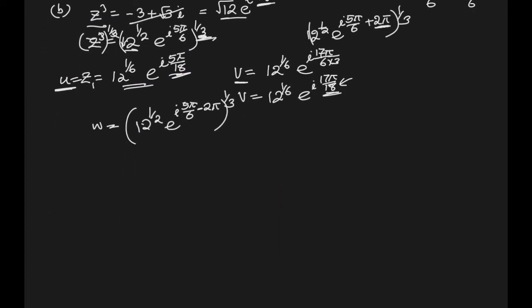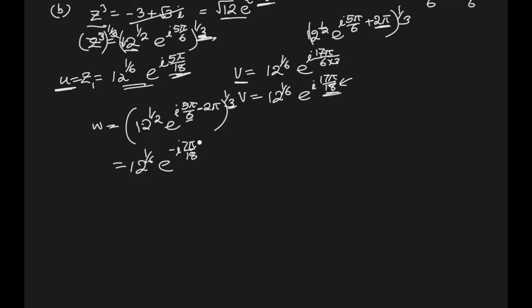So let me do it here. 12 to the power 1/6, and then e to the power, 6 times 2 is 12, and 5 minus 12 is minus 7. Let me put the negative first: minus i 7 pi over 12, which makes 18 rather, because of this 3 multiplied with 6, it becomes 18.